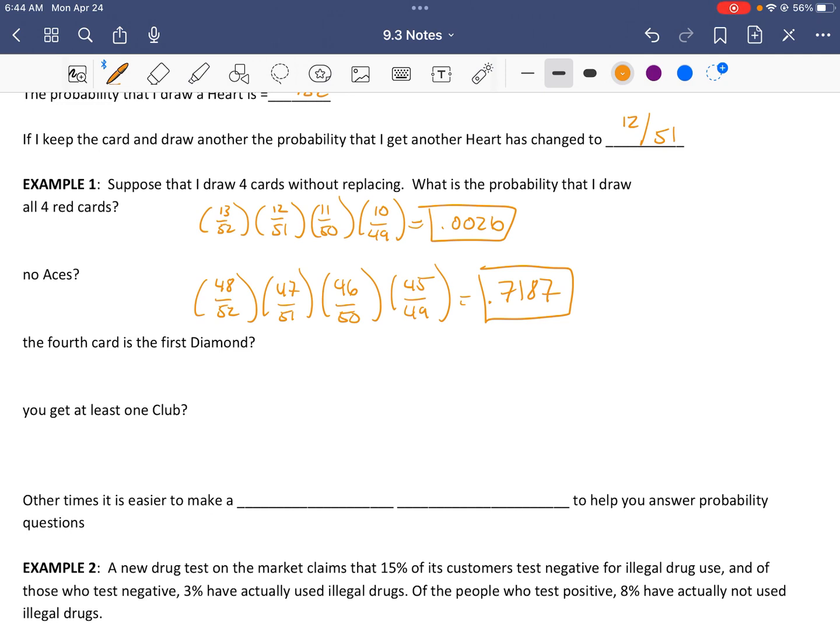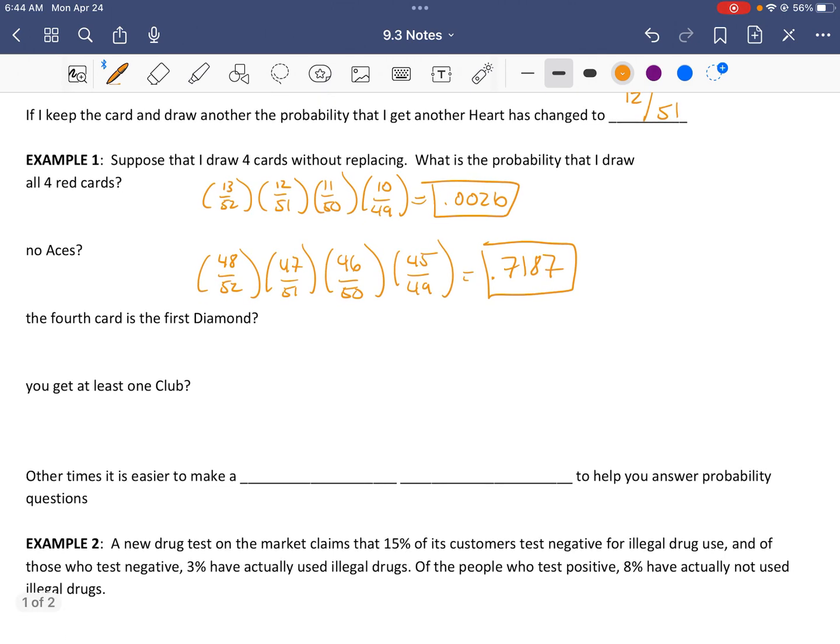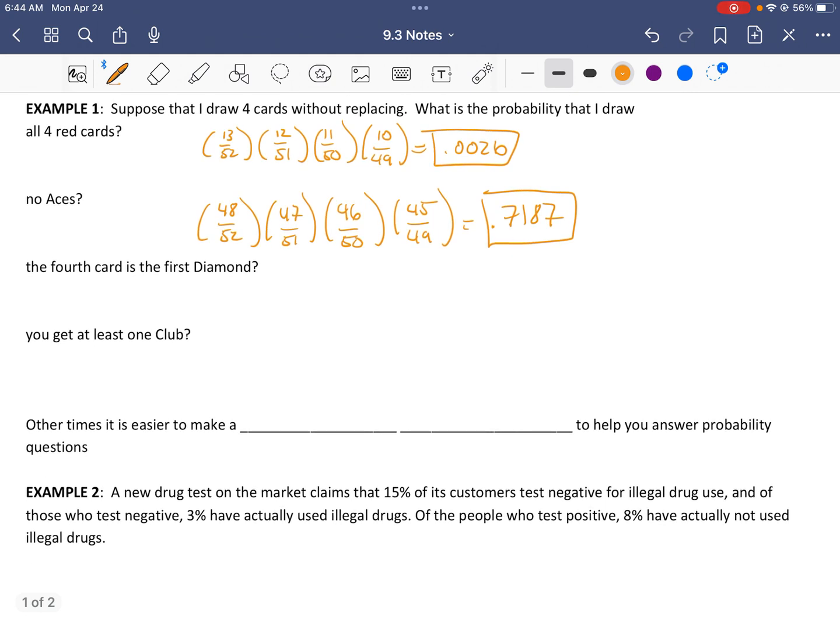All right. What is the probability the fourth card is a diamond? Okay, so no diamond, no diamond, no diamond, fourth card, diamond. First card, not a diamond, 39 out of 52. Second card, not a diamond, 38 out of 51.